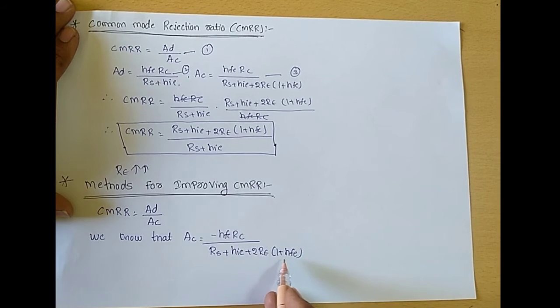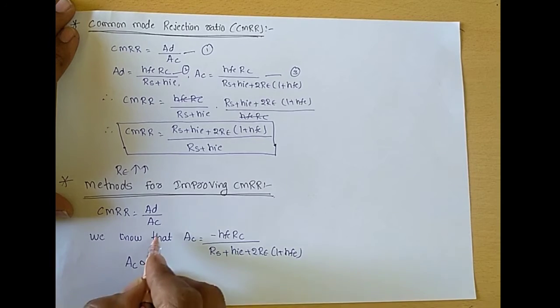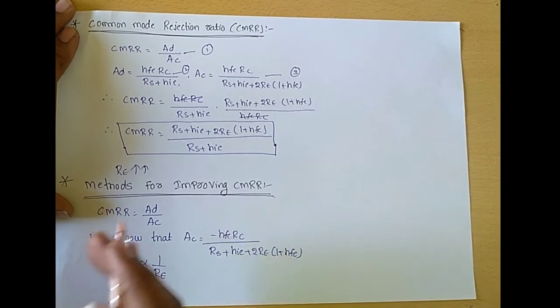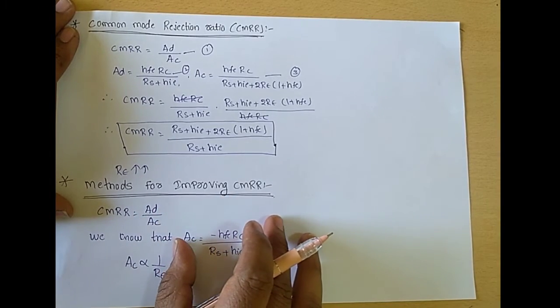So here the common mode gain is inversely proportional to the emitter resistance RE. If the emitter resistance increases, the common mode gain decreases. If the common mode gain decreases, the CMRR increases. So in this way we are improving the common mode rejection ratio.